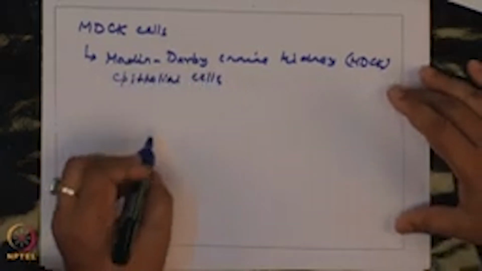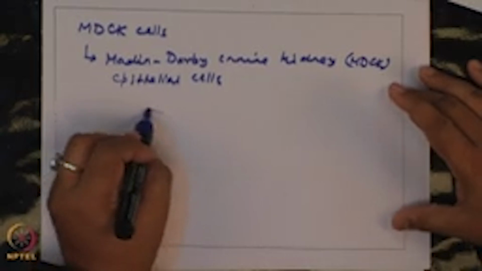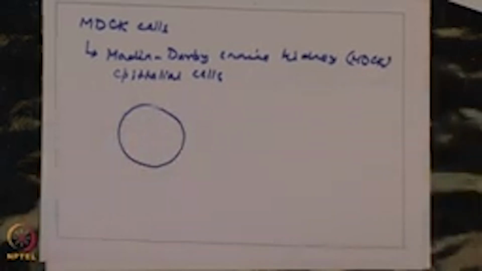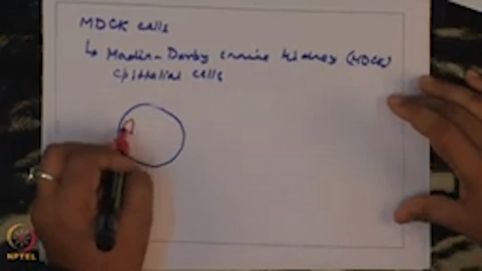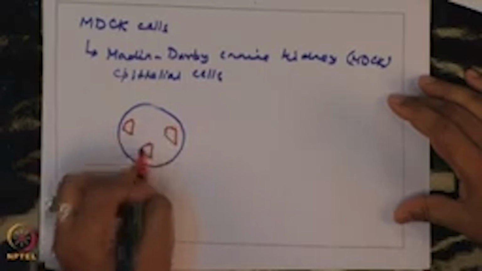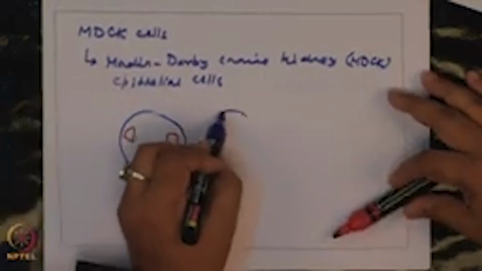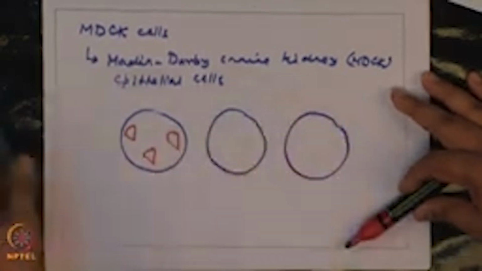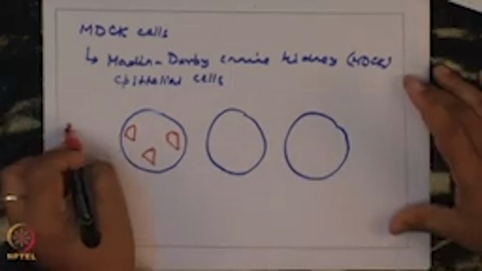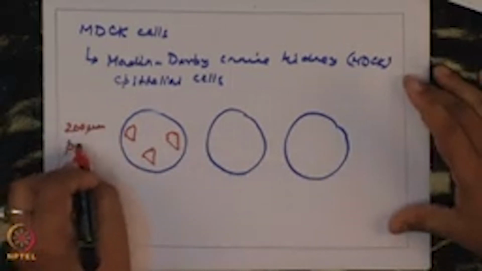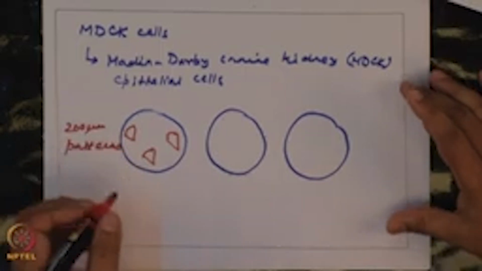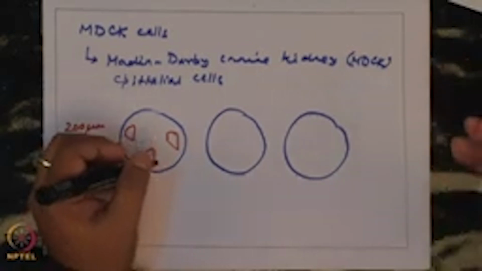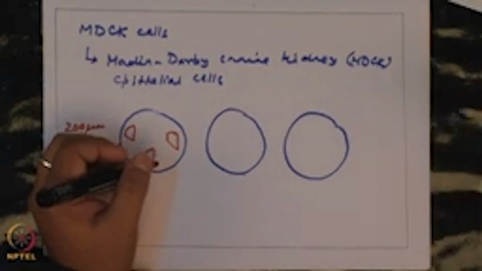If you plate these MDCK cells on a circular pattern, so let us say these are roughly 200 micron patterns. These patterns are probably coated with fibronectin or some other ECM ligand.